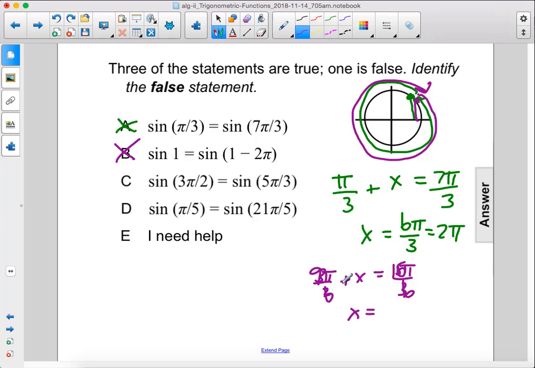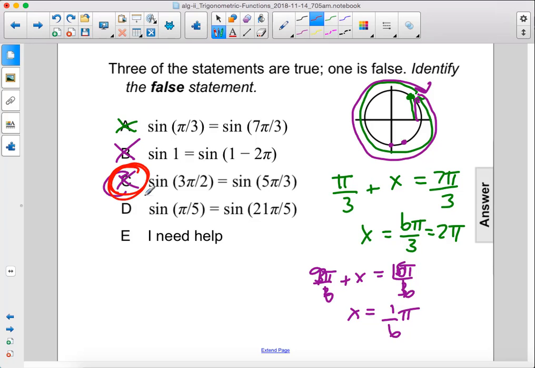So x equals, this is a little messy, 10 minus 9 is 1 over 6 pi. So this is not 2 pi, it's not pi, this is just a small amount. 3 pi over 2 is 1.5 pi, so we're here, and then we're just adding a 1/6 of a pi, so we end up there. So these will not have the same sine values, therefore C is the answer.